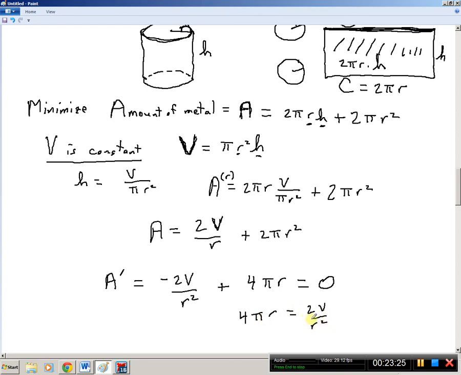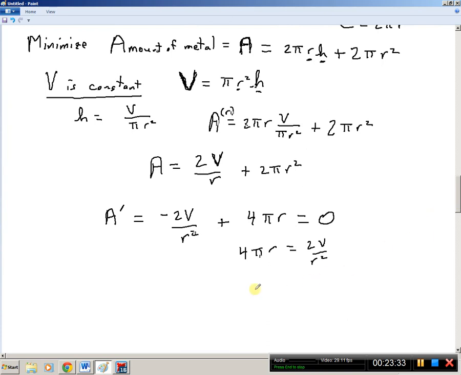I'm going to multiply both sides by r squared to clear the fractions, and divide both sides by 2. So I'm going to get 2 pi r cubed equals v. And I can solve this for r. r will be equal to the cube root of v divided by 2 pi, whatever that is.